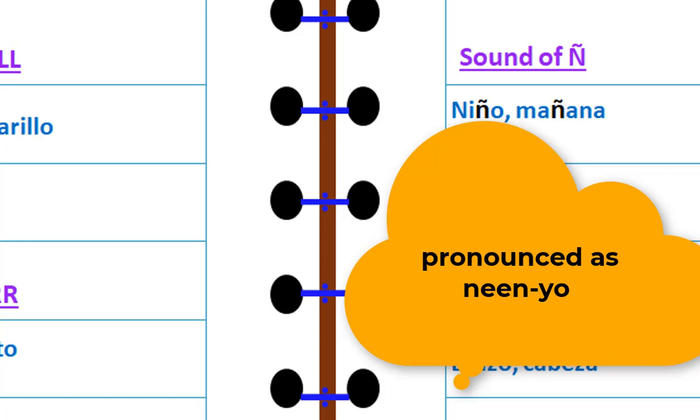A lot of times when you hear natives speaking, you will feel that they are putting an I after the letter N, so you may hear it like niño. But it's actually niño, which means kid or child.